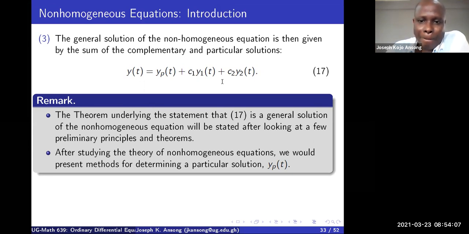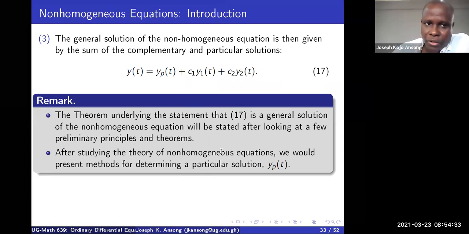So in a couple of slides, we'll show why this is actually a general solution. But before then, we'll look at the superposition principle. And it's particularly important because you can use it to show that this is a general solution to the non-homogeneous equation. So we'll look at the superposition principle after we've looked at some other theorems as well.